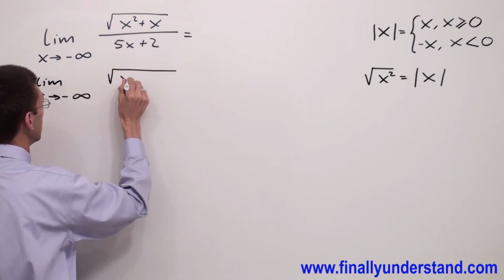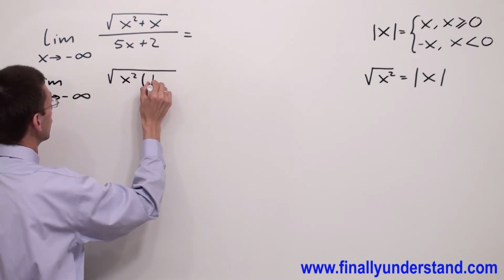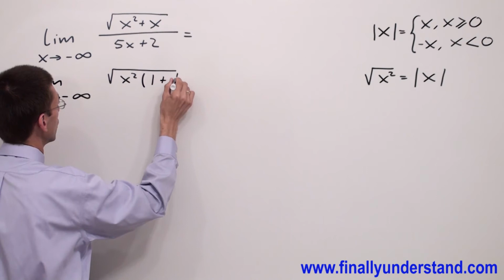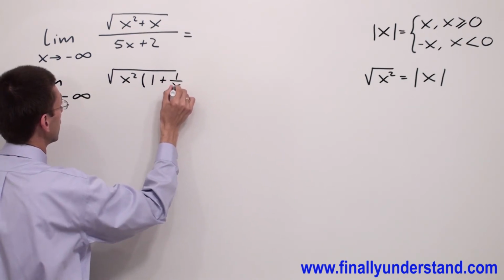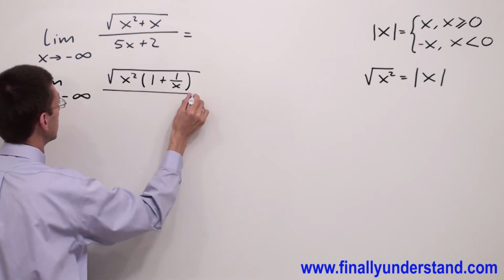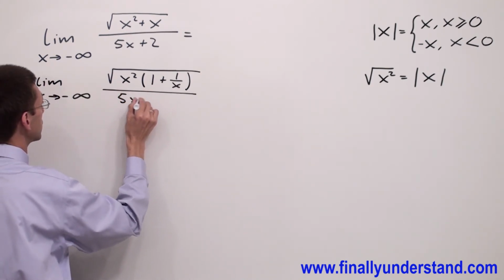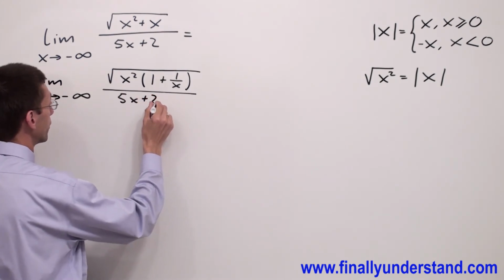So I'm going to have x^2, and inside of the parentheses I'm going to have 1 plus 1 over x, close parentheses, and I'm going to copy down the denominator. I have 5x plus 2.